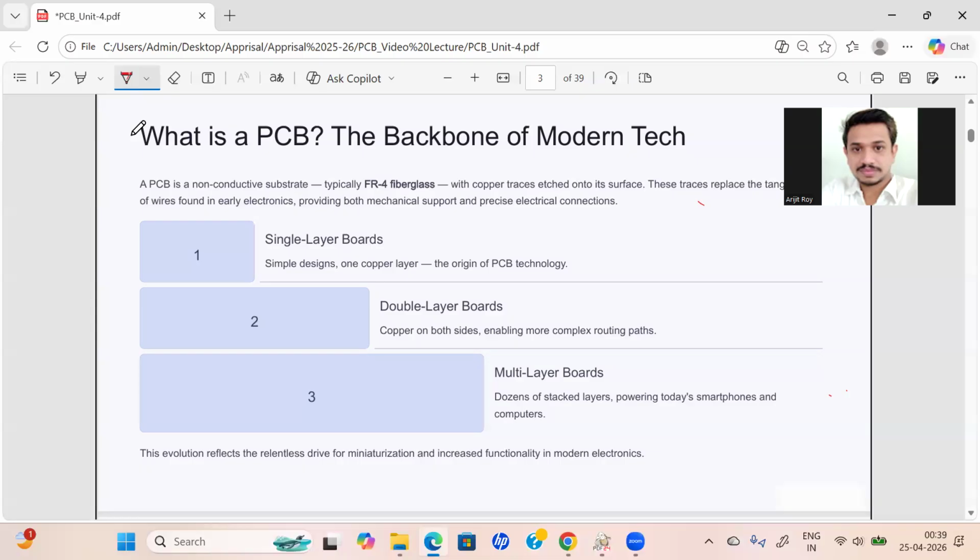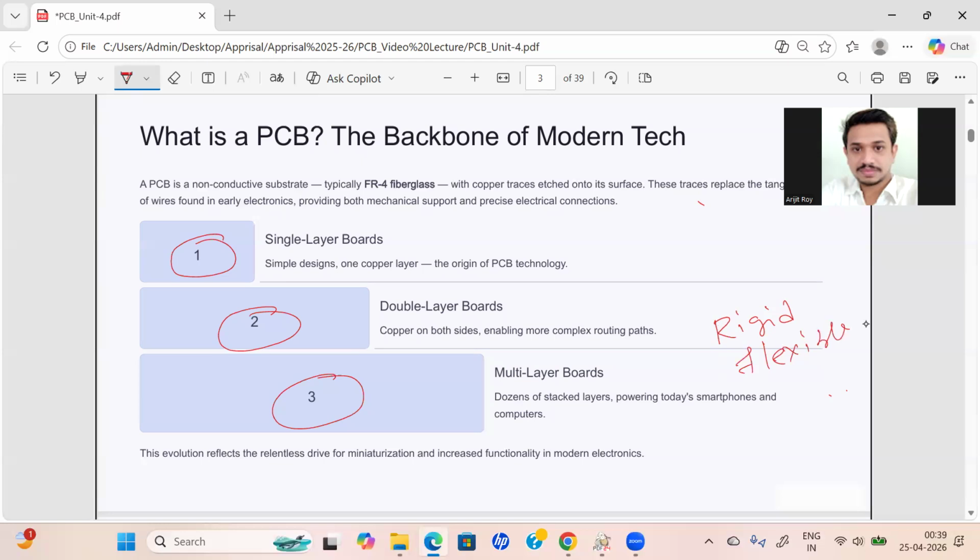Based on layer, there are mainly three types: single layer, double layer, multi layer. Another classification is rigid PCB or flexible PCB.